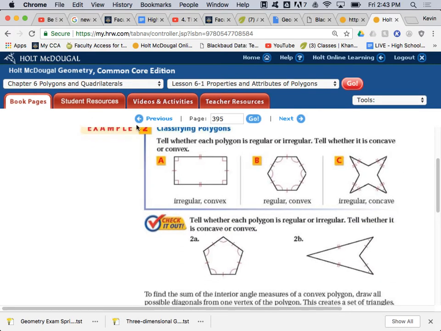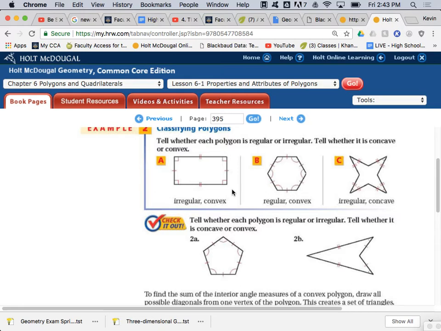Okay, take a look at this. Irregular, convex. Why is it irregular? Regular means all sides and all angles are the same. Why is that one irregular? Not all sides are the same, right? Some are longer than others. B. Why is B irregular? All the sides are the same. Good.